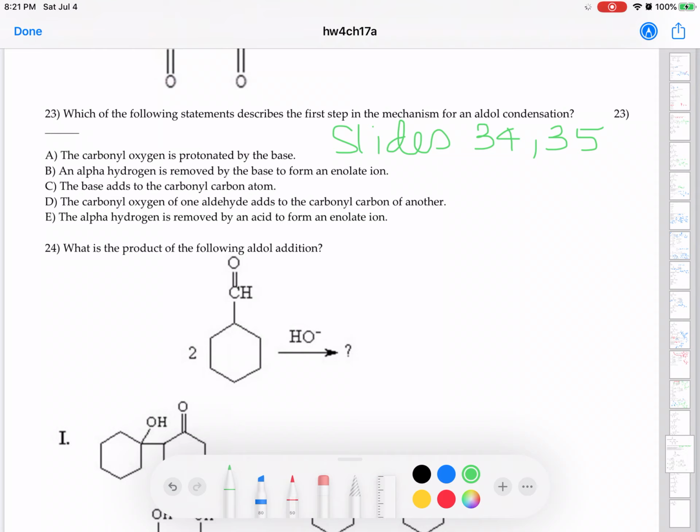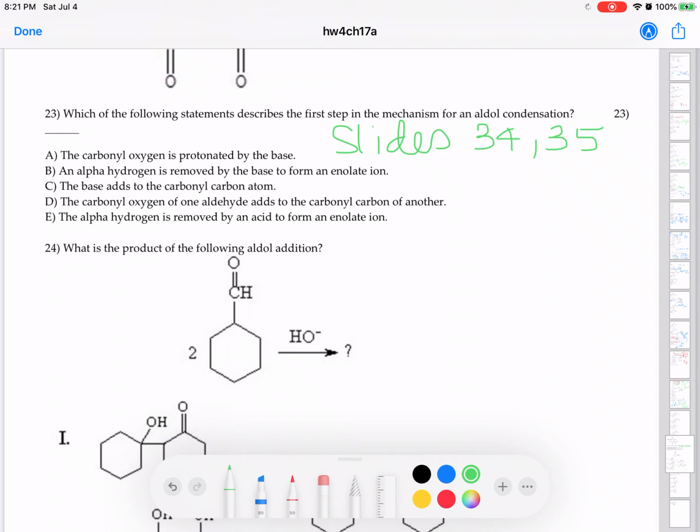And then C: the base adds to the carbonyl carbon atom. That doesn't happen. The base is not going to add to the carbon atom. A base will remove a proton. Only the nucleophile will add to the carbonyl carbon. Okay, and then D, the carbonyl oxygen of one aldehyde adds to the carbonyl carbon of another one.